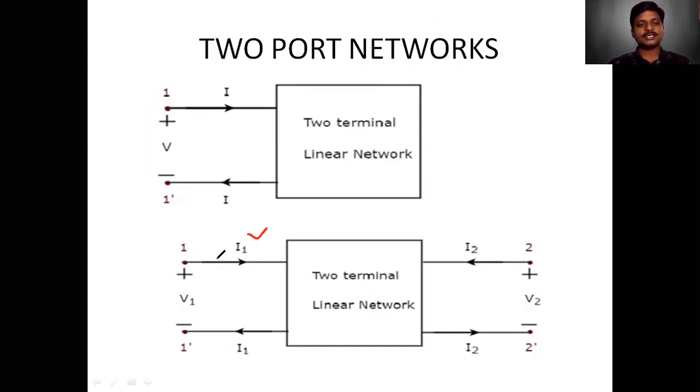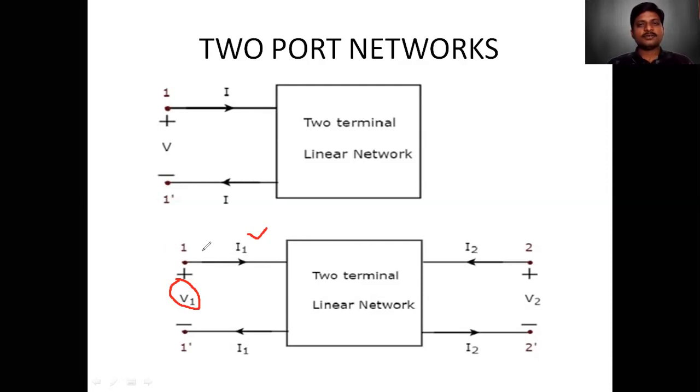Here one port, or a pair of terminals, is taken as the input port and the other two terminals are taken as the output port. The voltage designated for the input port is, let us say, V1. V1 is the voltage designated to port 1.